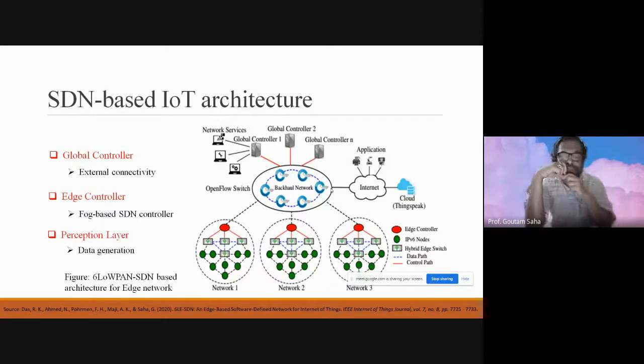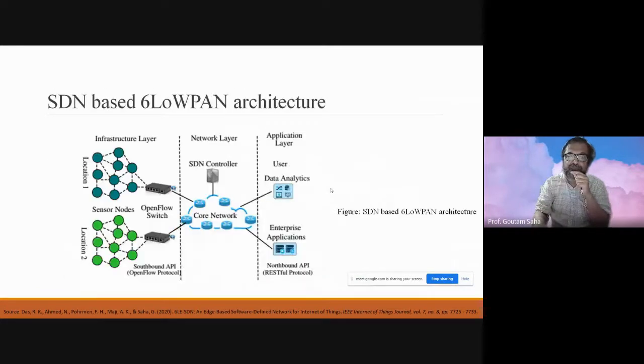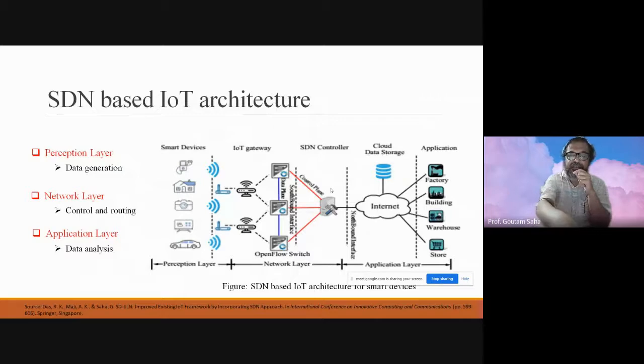See, all these papers, all these works, what we have done, everything, bandwidth consumption is not reduced. Ultimately, everybody has to go through the internet to the cloud.